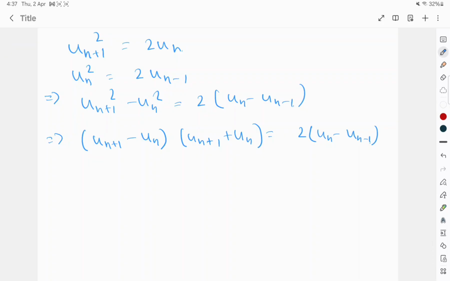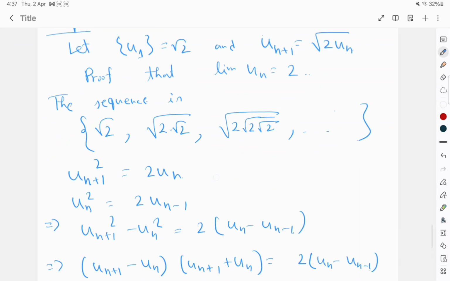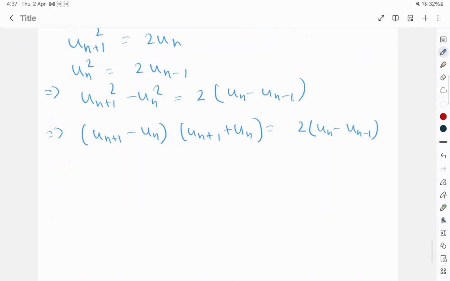Now you see, obviously here you are saying every element is positive, right? So this element is always positive, no issue. Now suppose the relation between u1 and u2 is like this.